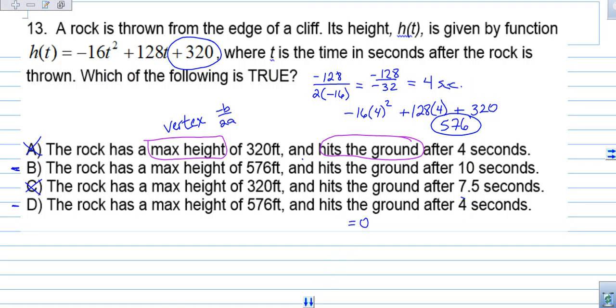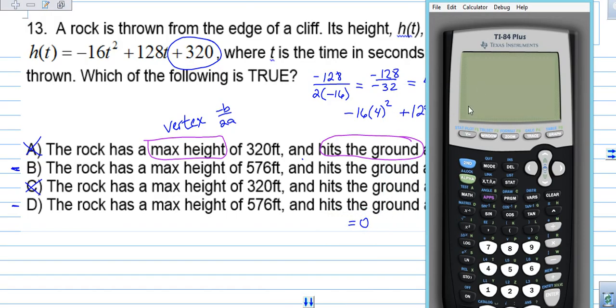Well, the fast way to do it is to use your calculator. Turn it on, go to y equals, and enter the equation negative 16 and then use x. See how it's got x, t, theta, n? Then square it, plus 128x plus 320. Double check that your equation is coming out right, and then hit graph.